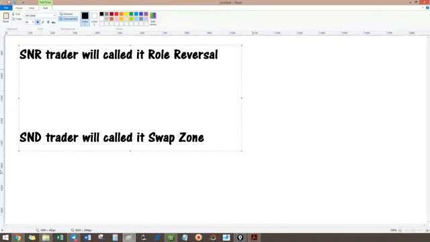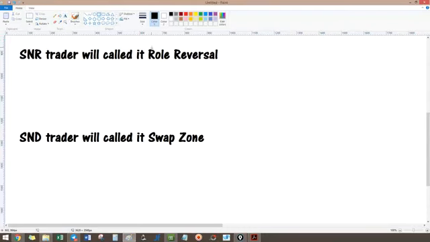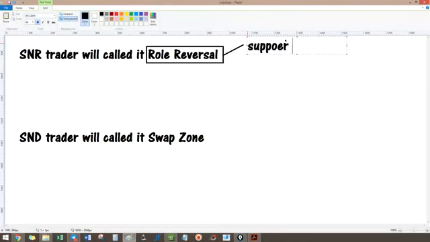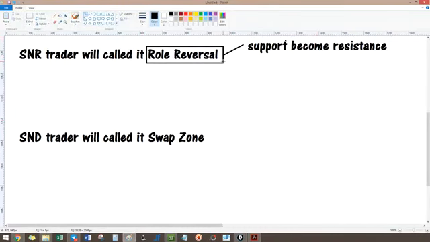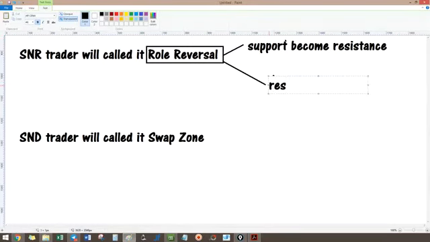For role reversal, you have two types: one is support becoming resistance, and the other is resistance becoming support.